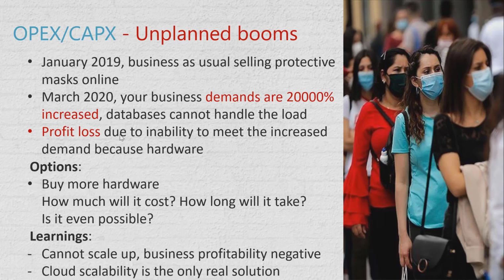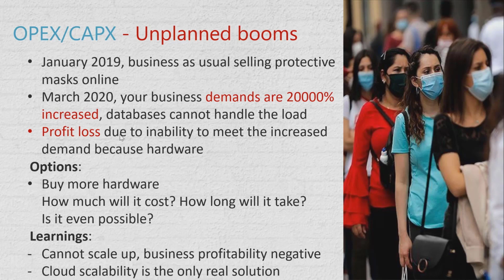So again, what we learn from here is you can't scale up. Business profitability, again, is negative due to the missed revenues that could have been in your pocket and your shareholders' pockets.